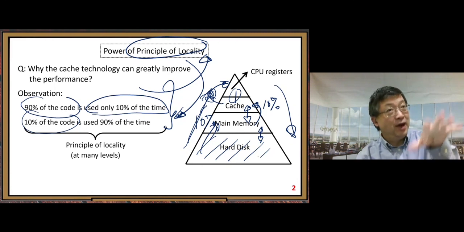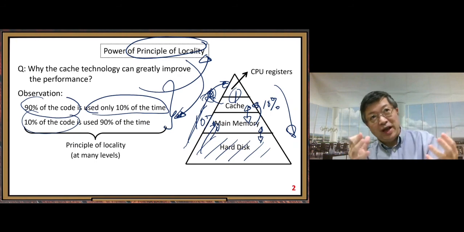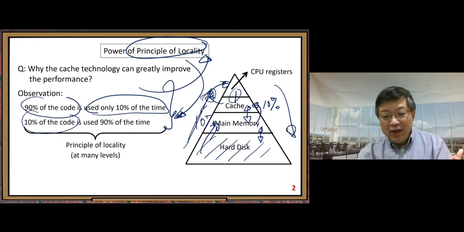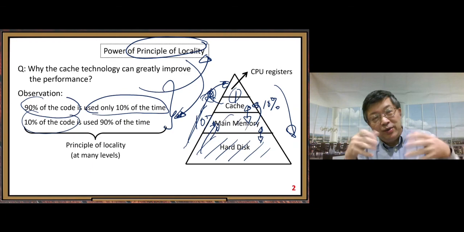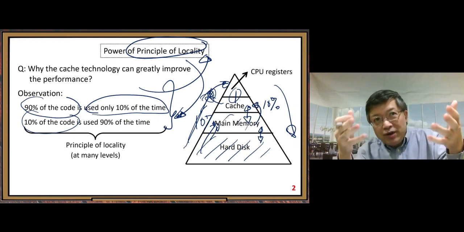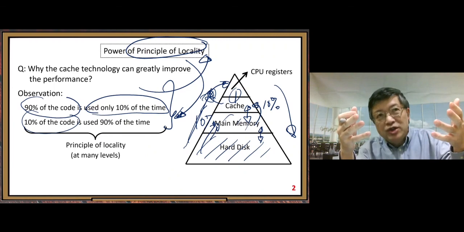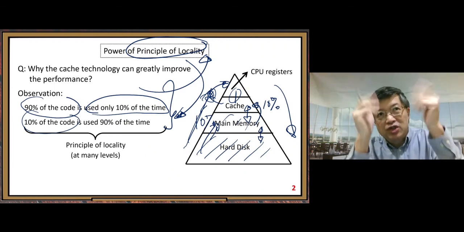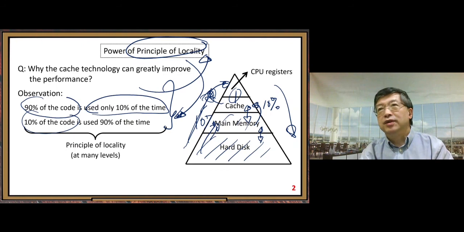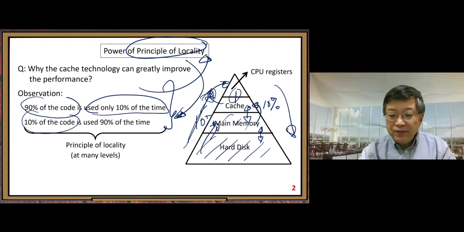Across the levels, the hard disk stores 90% of the code, and main memory stores the remaining part. So relatively cheaper storage space is used to store the data and instructions of the program.